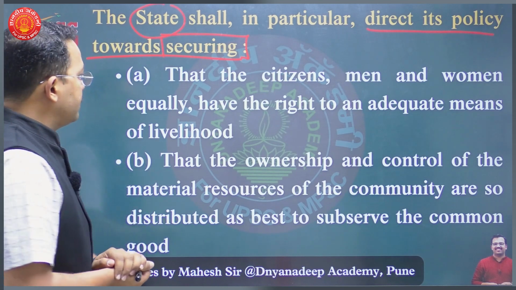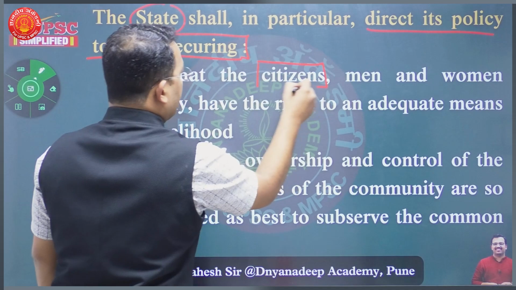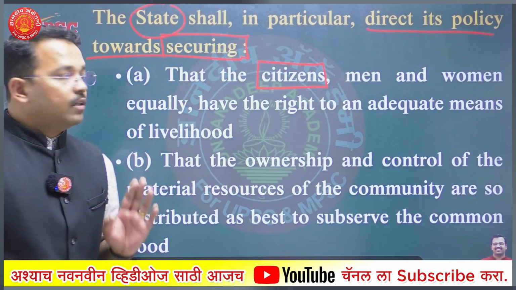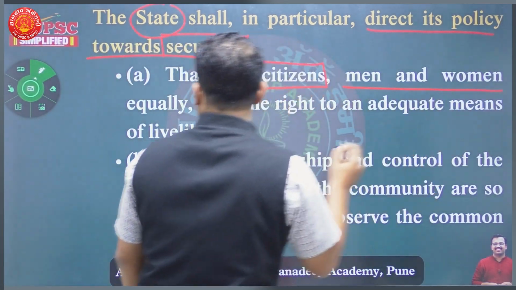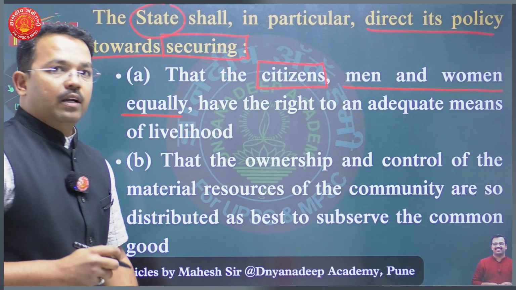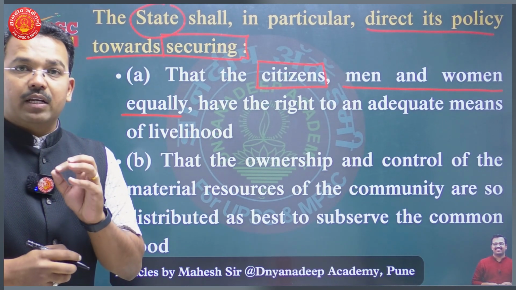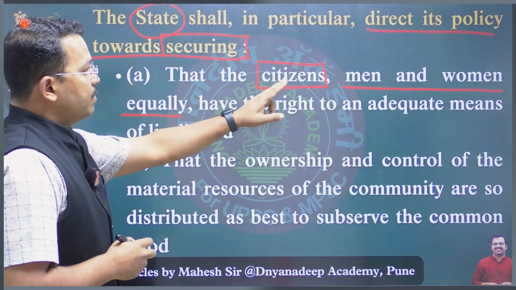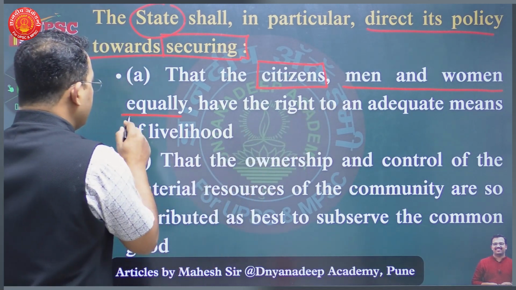It says that the citizens. The first clause is applicable to citizens only, it is not applicable to everyone. So that the citizens, men and women equally. Remember, the first clause of Article 39 is applicable to citizens, men and women equally, that the citizens, men and women equally have the right to adequate means of livelihood.